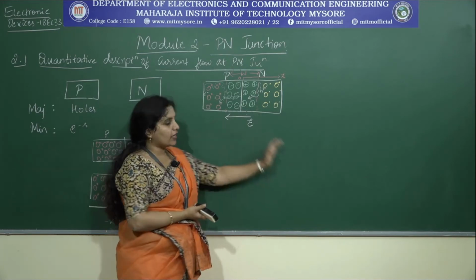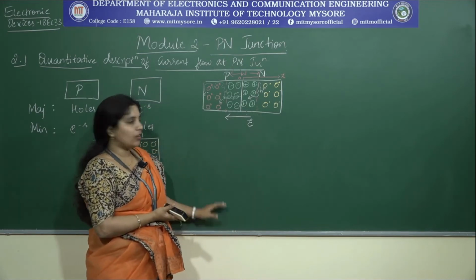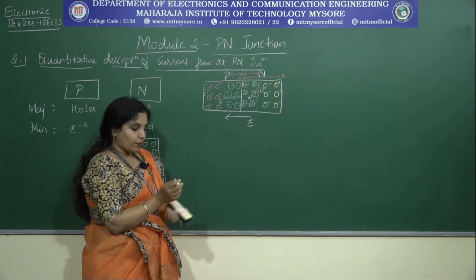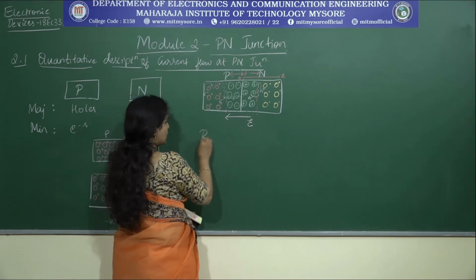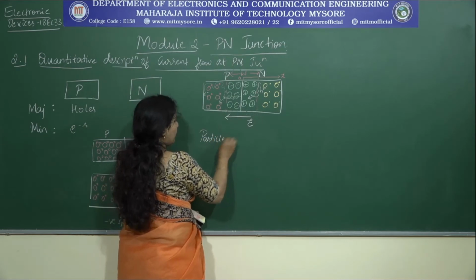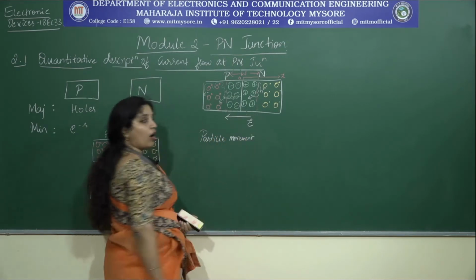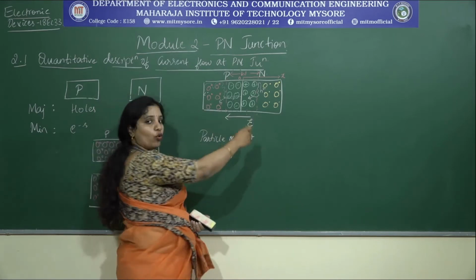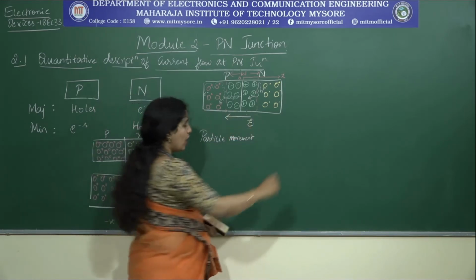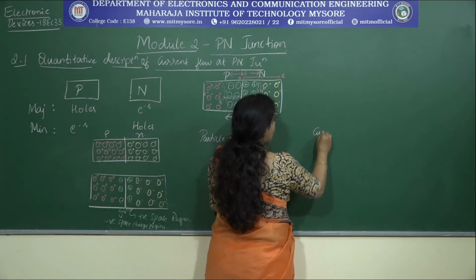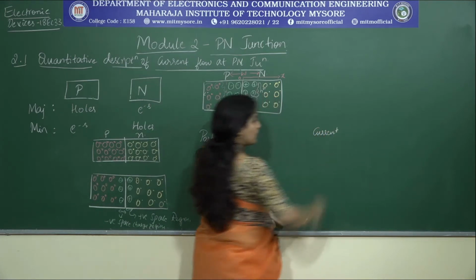Now, let me try to depict that in table form so that you get a clear picture. First let me consider particle movement: how a hole gets moved, how an electron is being moved, and let me also consider the current direction.